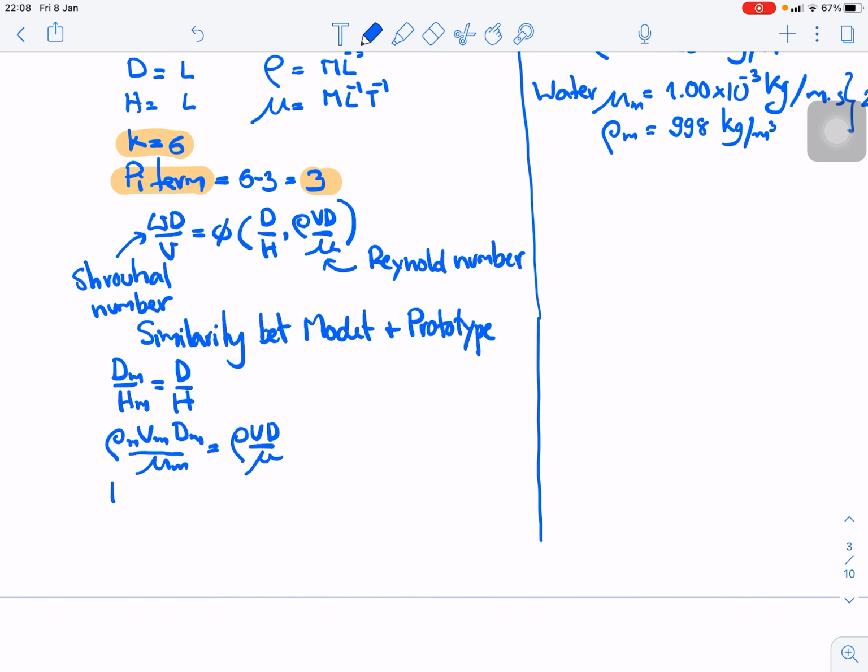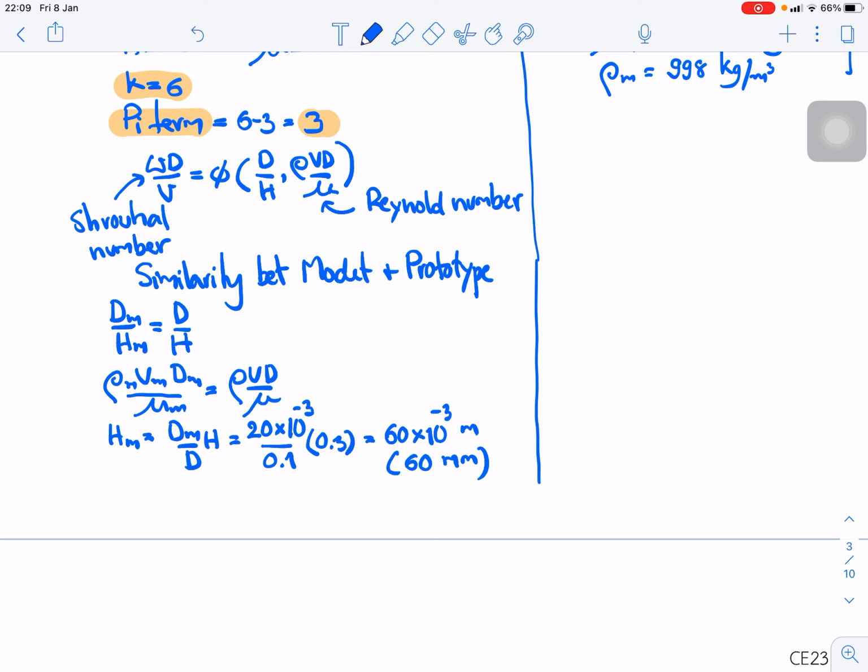Then next we can find what is the H from the first similarity. We found that Hm equals Dm over D times H, so we can estimate the height of the model. Substituting the diameter of the model, the height of the model is equal to 60 millimeter.